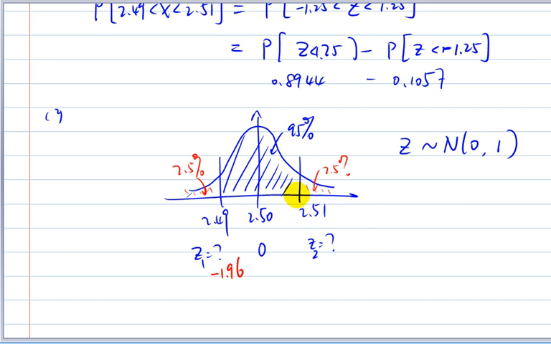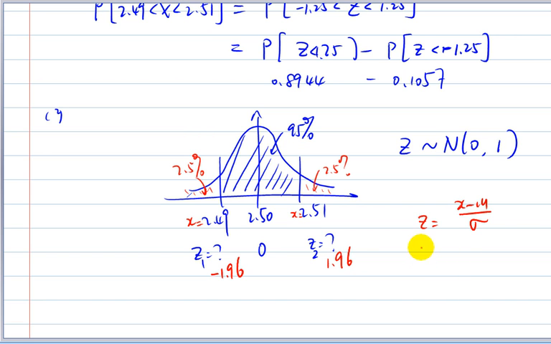So what about this value here? Because this is symmetric, this is going to be positive 1.96. So now you have Z1 here, Z2 here. Now, how does this negative 1.96 relate to x equal to this and x equal to this? The Z score, because we know Z equals x minus mu over sigma.